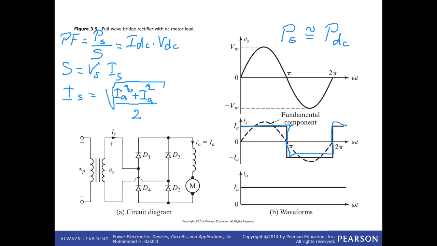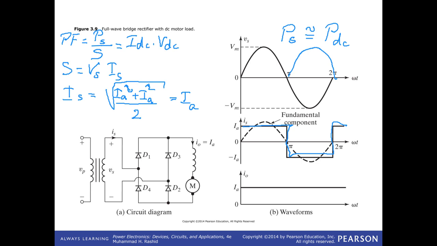So Is is equal to Ia. However, Vs is equal to the relation.